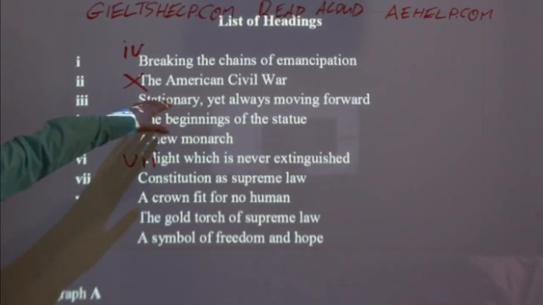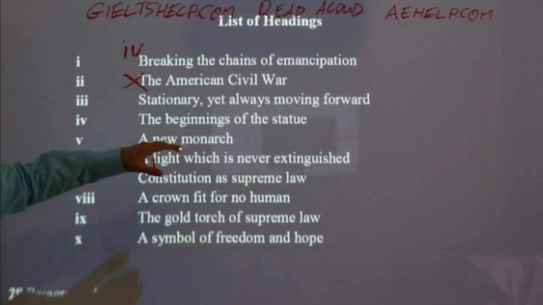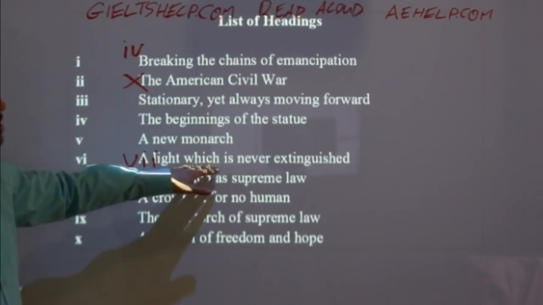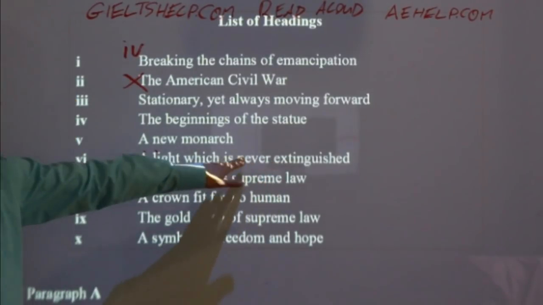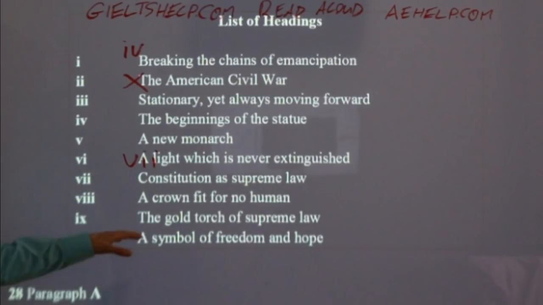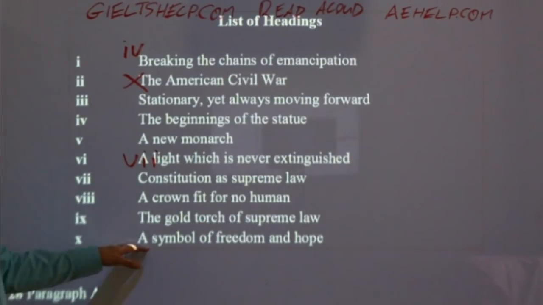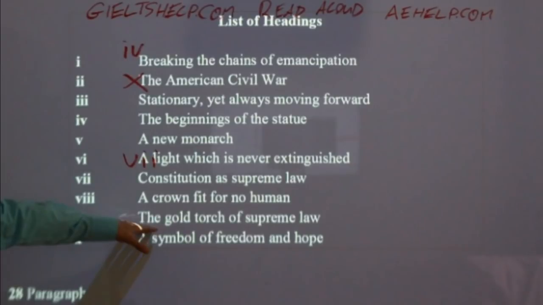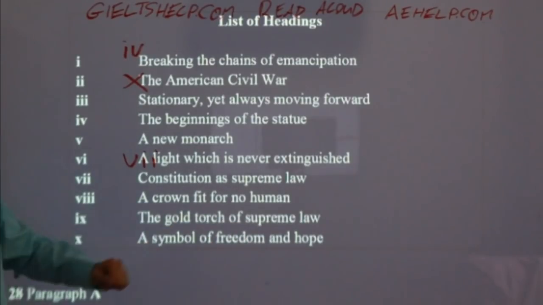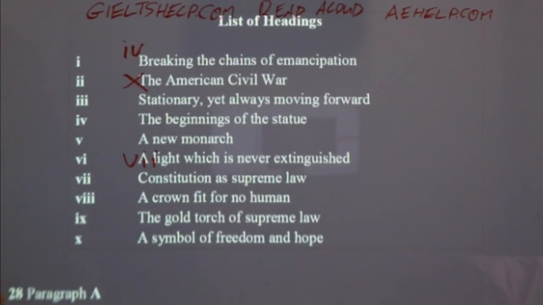Breaking the chains, the American Civil War, stationary yet always moving forward, the beginnings of the statue, new monarch, a light which is never extinguished. That is very, very close to what I'm thinking. Constitution as supreme law, a crown fit for no human, the gold torch of supreme law, a symbol of freedom and hope. Well, it's not talking about the gold torch of supreme law because that's the tablet. So I think the closest match is number 6, which is a light that is never extinguished, okay?